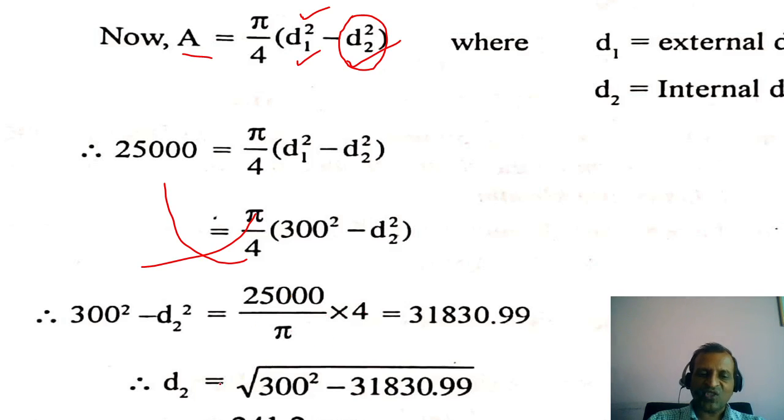So d2 is equal to the square root of 300 square minus 31,830.99, so the value will be 241.2 mm. This is the internal diameter. The internal diameter must be less than the external diameter. So we got the answer as 241.2 mm.